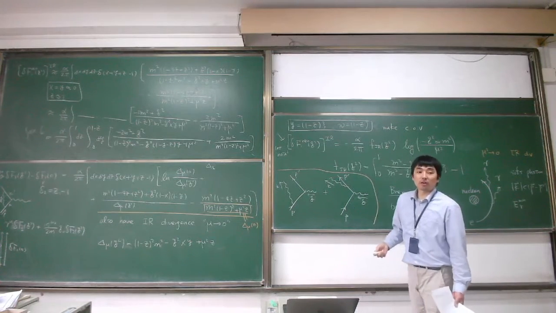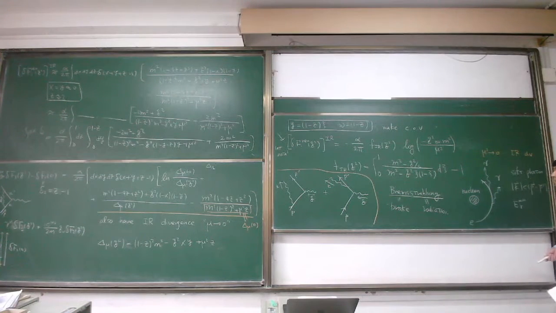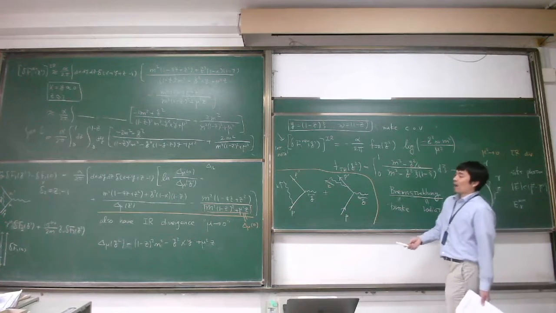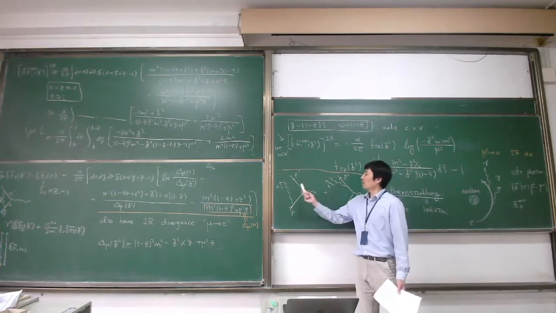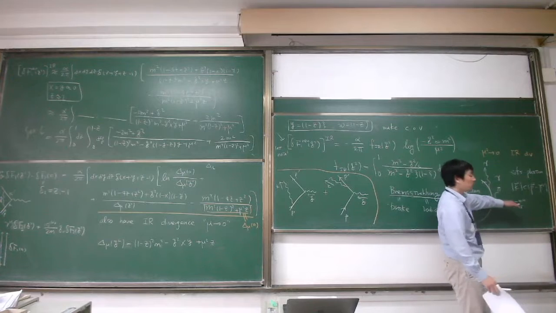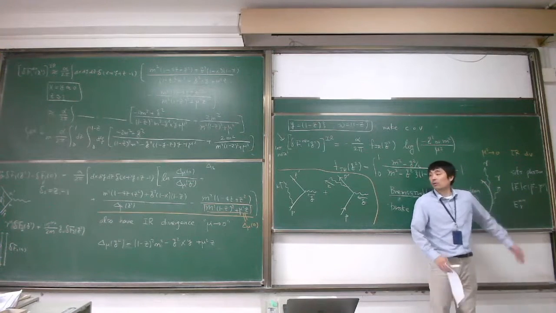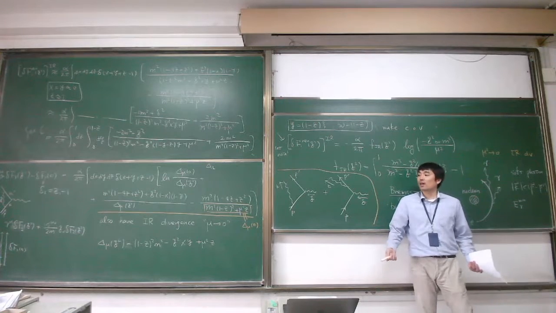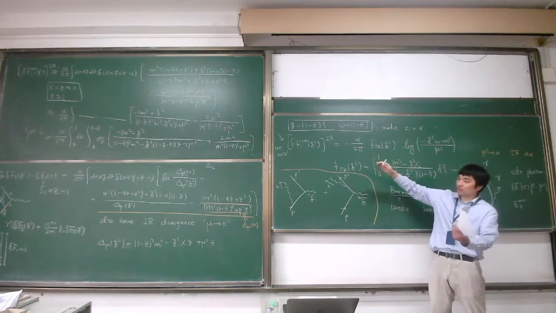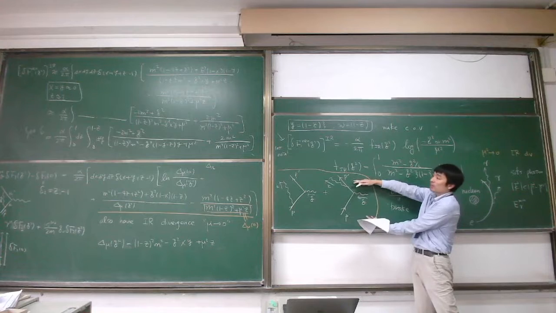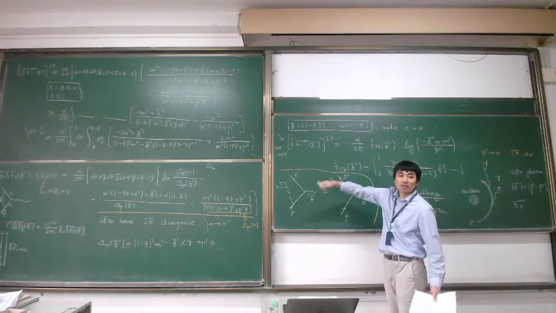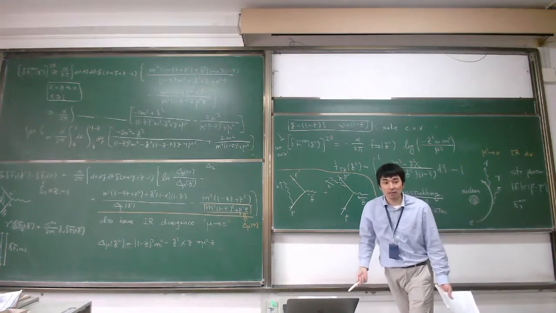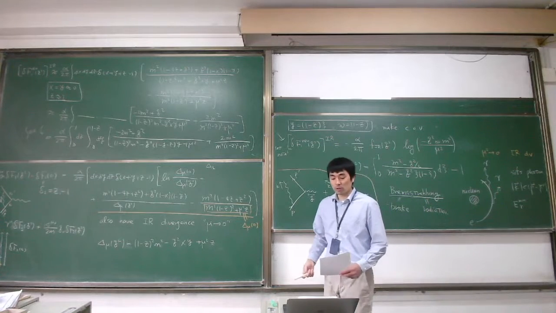So we are going to evaluate this diagram where the energy of K is lower than this minimum. What is the contribution of this diagram? If you include it in addition to this one, the IR divergence will cancel. That's what we want to see.